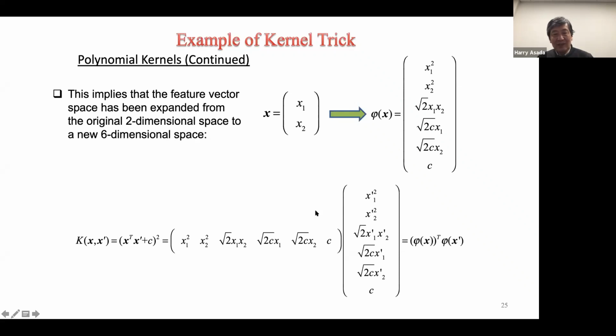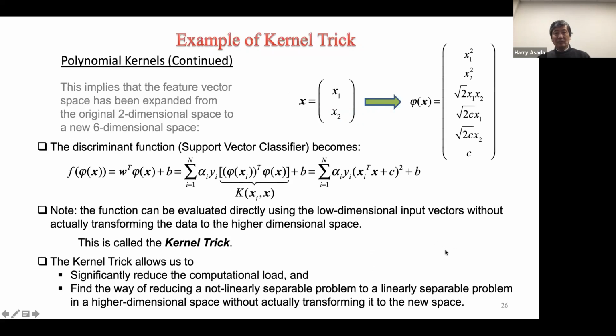If you just multiply these two, you get this, and this is the kernel function we originally introduced. So this can be expressed as an inner product of expanded, augmented variables, the feature vectors phi. The kernel trick is something like this.